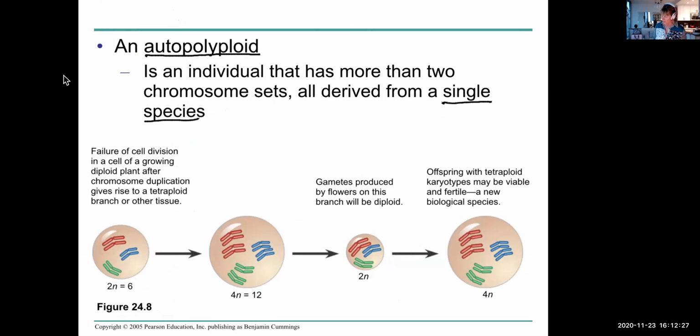Failure of cell division. So here's a diploid plant. 2N is 6. 4N is 12. But the gametes produced, because there was a non-disjunction, the gametes are diploid.